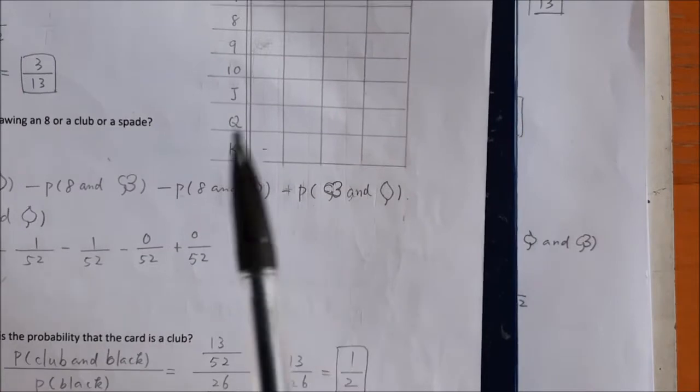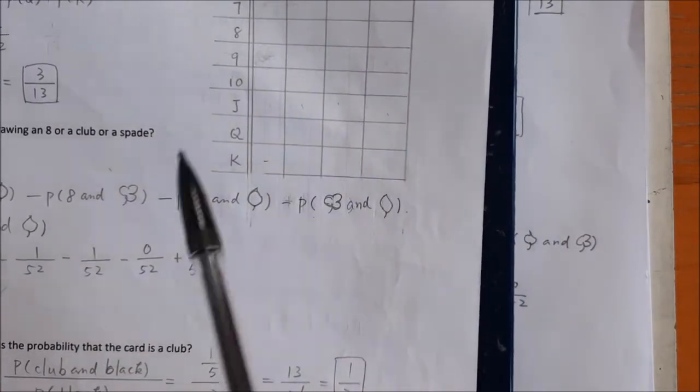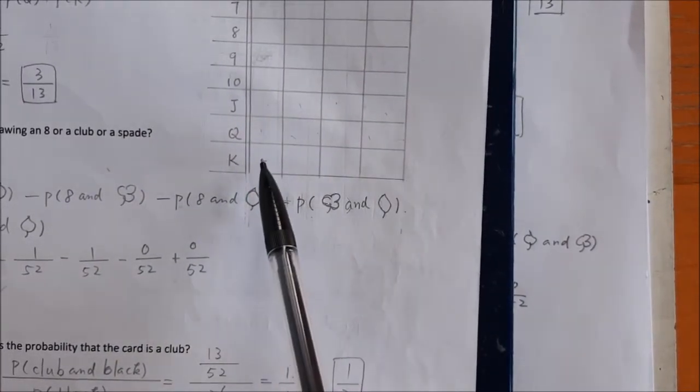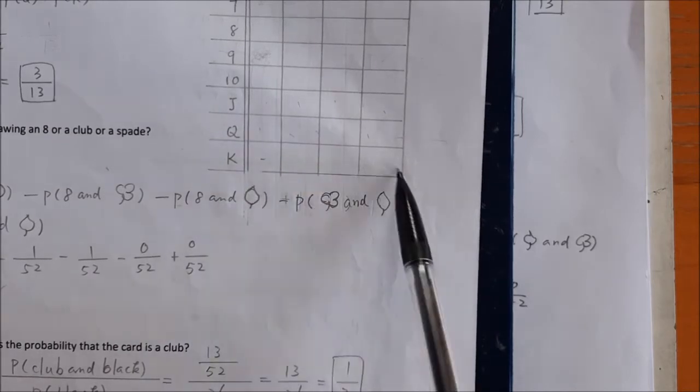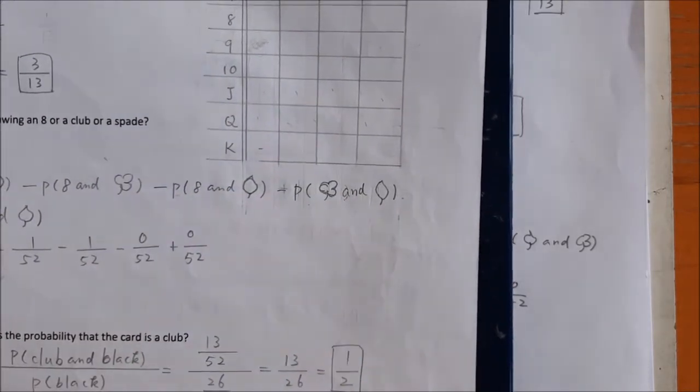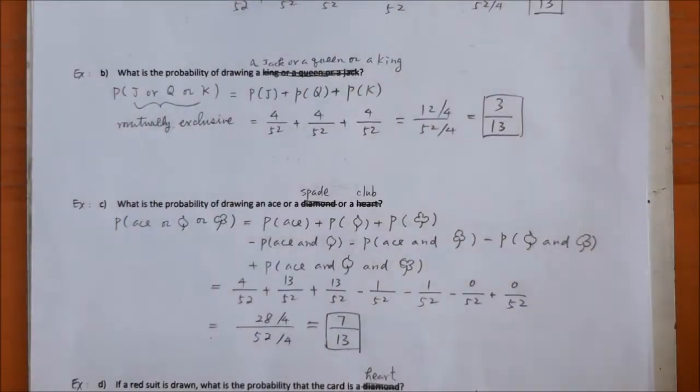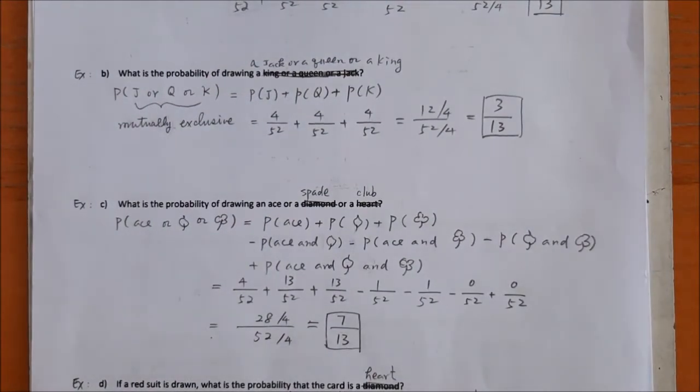We call independent event. Because jack has 4 cards, king has 4 cards, queen has 4 cards. They are independent. There's no common area. So we call mutually exclusive.